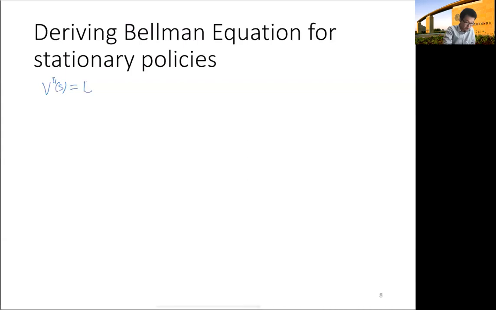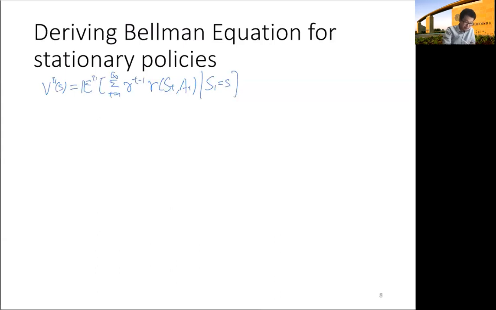By definition, V pi is equal to the expectation of the summation of t from 1 to infinity of gamma to the t minus 1 times the reward of s_t and a_t, given S1 is equal to S. That's how the V pi function is defined.